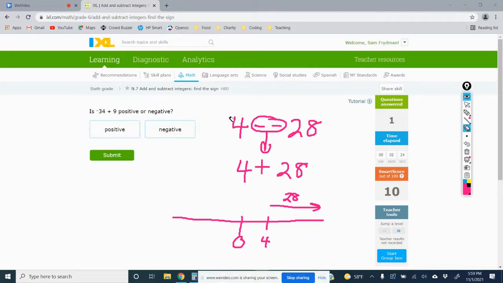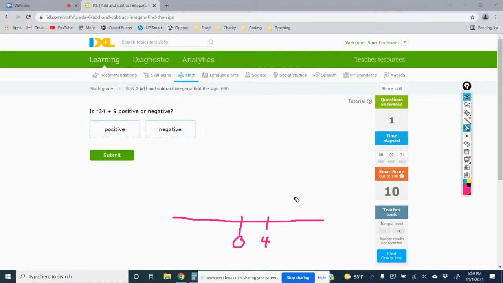Okay, so for this problem over here, is negative 34 plus 9 positive or negative? In this case, we're starting way over here at negative 34, and then we're moving to the right. Since we're adding a positive number, we would move to the right only 9 spaces.